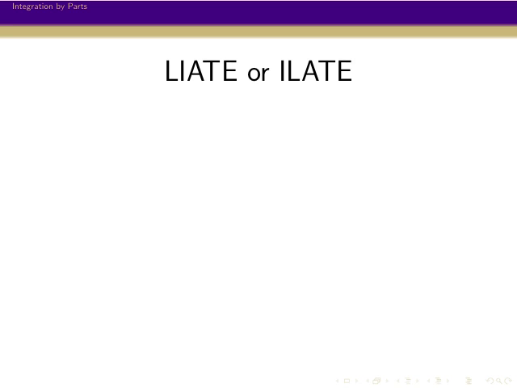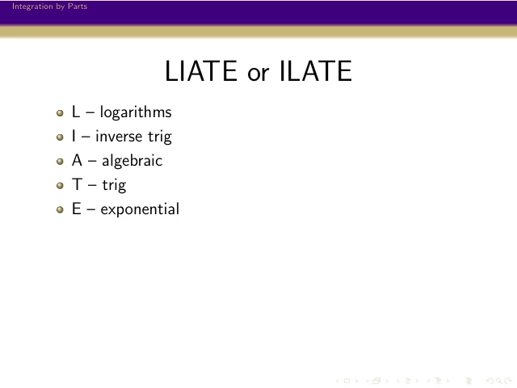And so these letters stand for, well, the L stands for logarithms, I stands for inverse trig, A stands for algebraic functions. So algebraic functions, this would be something like polynomials, rational functions, roots, trig functions, or exponential functions.